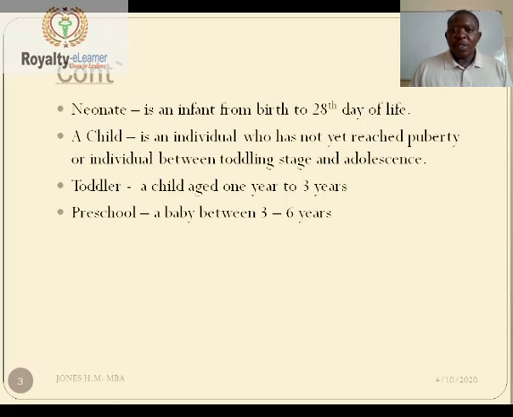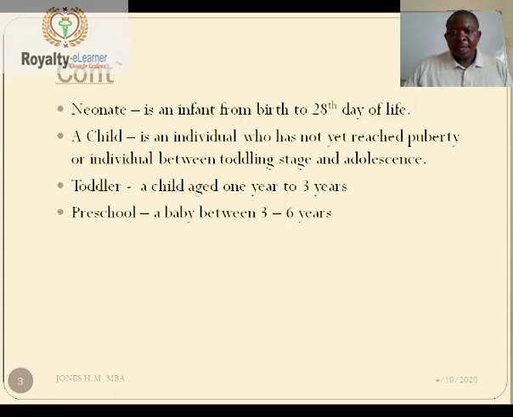You might have noticed that in the definition of a child, I used the word toddler or toddling. So we need to understand what the word toddler means. A toddler is a child aged 1 year to 3 years. Then there's also the word preschool, which we will be expected to use in pediatrics and pediatric nursing.